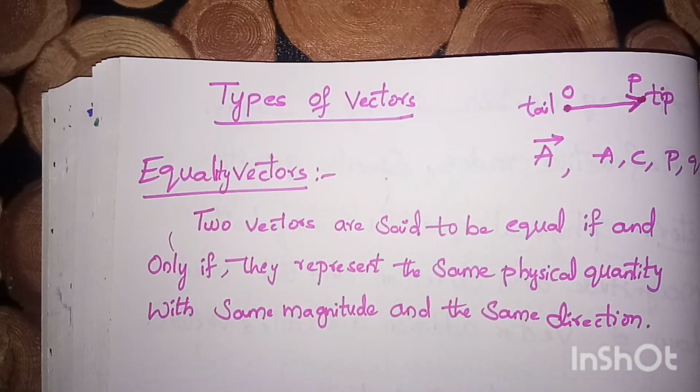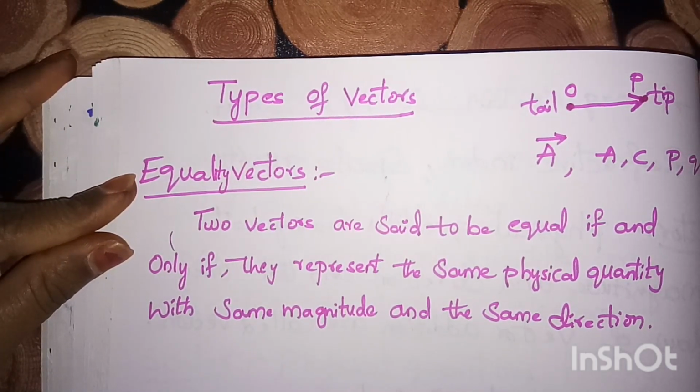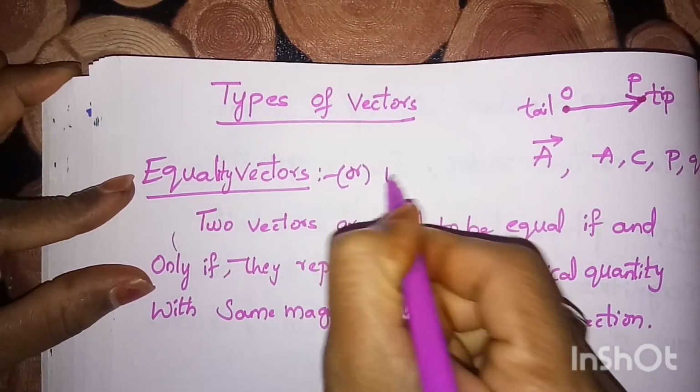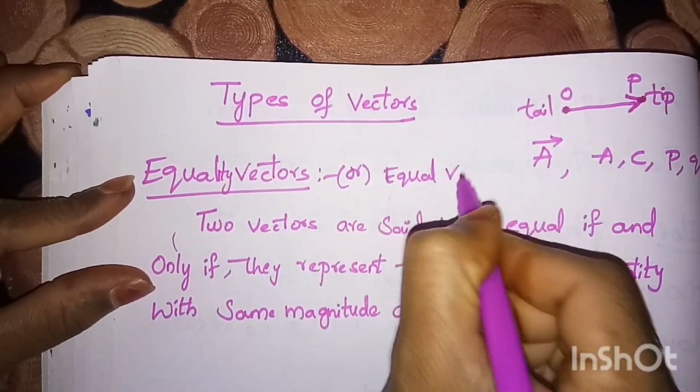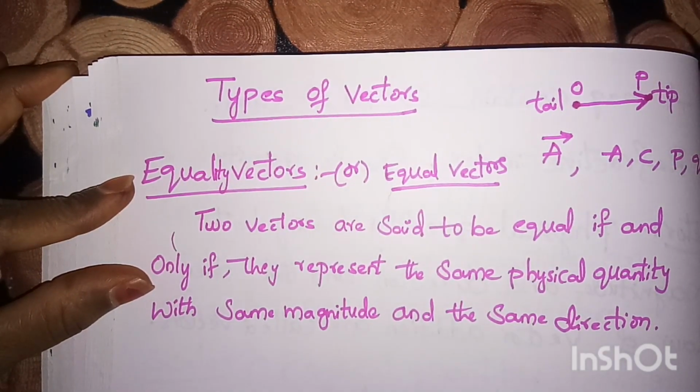Now we are going to discuss types of vectors. First, equality vectors, or equal vectors, or equality of vectors. How can we find whether the given vectors are equal vectors?